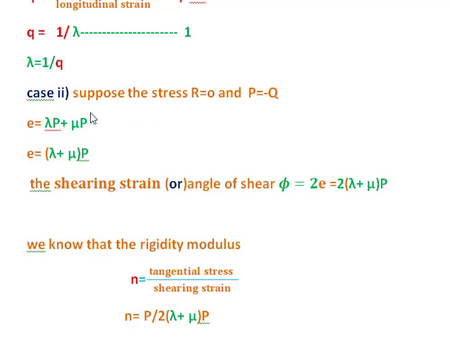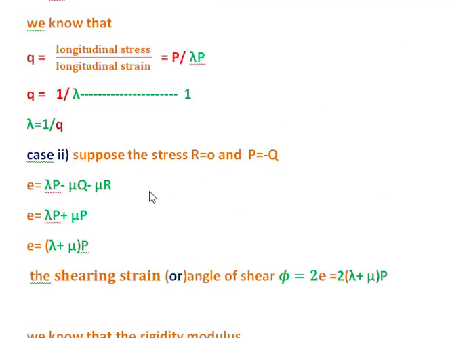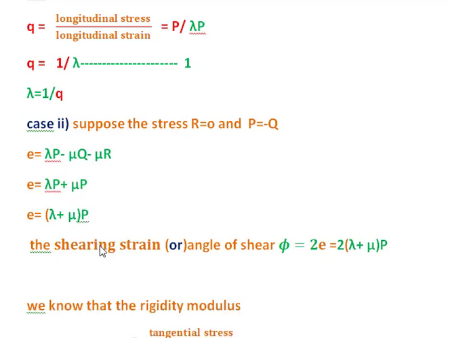Suppose this equation e is equal to lambda P minus mu Q minus mu R. R is taken as 0. This term is eliminated. P is equal to minus Q or Q is equal to minus P. So Q is substituted with minus P. So this minus gets plus. So lambda P plus mu P. We get e is equal to lambda plus mu into P.